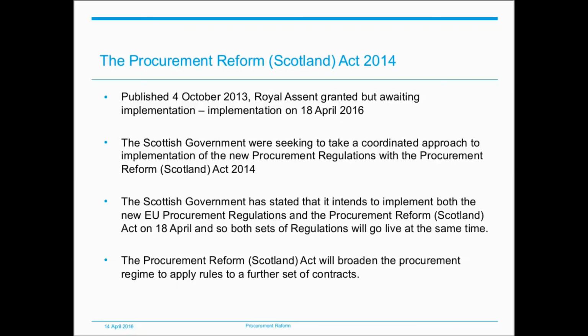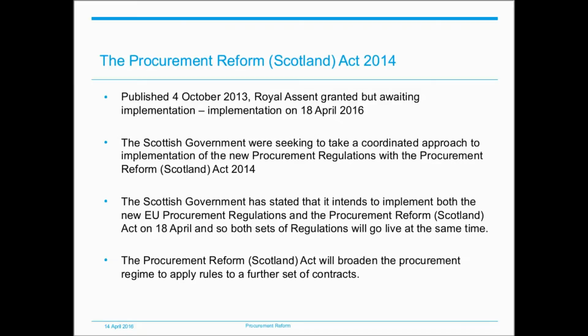So we'll begin with a quick run through of what the Act itself is and where we are in terms of procurement reform in Scotland. As we covered in the first webinar in the series, we now have a new set of procurement regulations which implement the new EU Procurement Directive, and they're known as the Public Contract Scotland Regulations 2015.